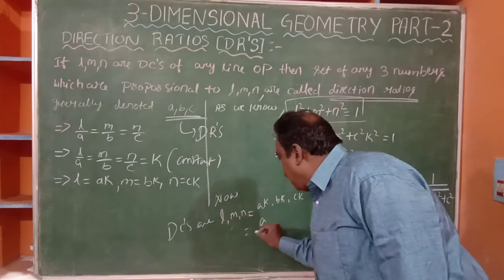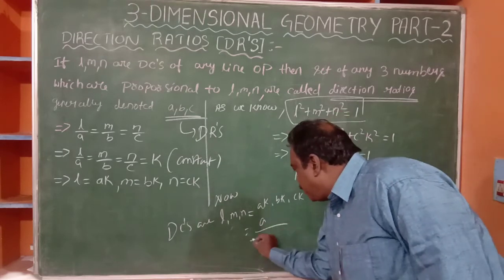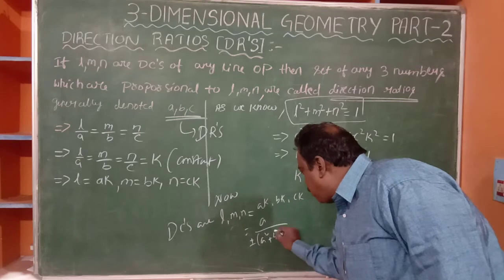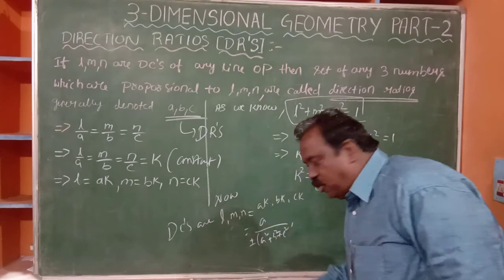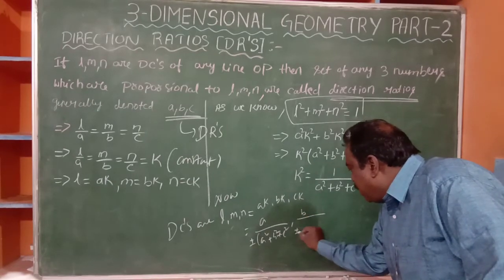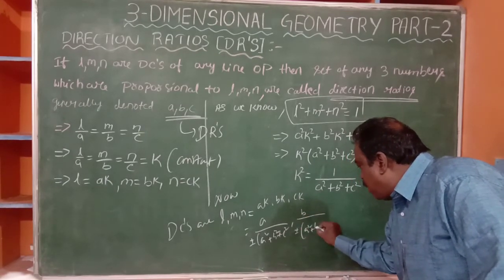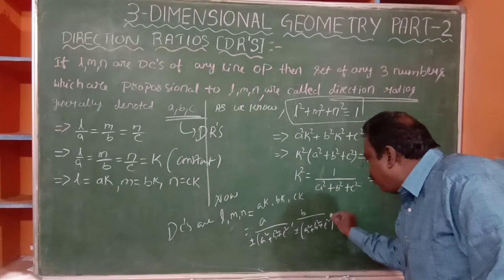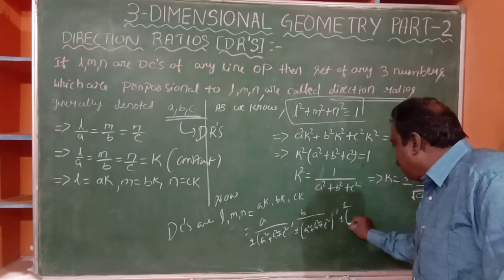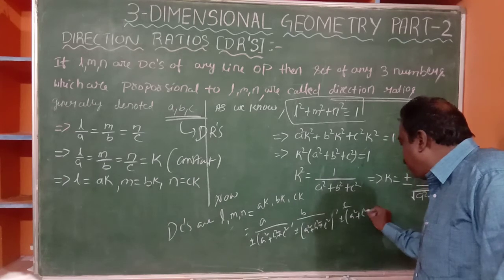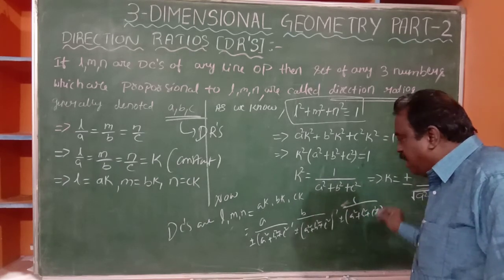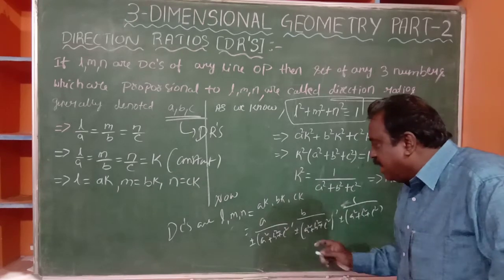K is plus or minus 1 by root of A square plus B square plus C square. So L is A by root of A square plus B square plus C square, M is B by the same root, and N is C by the same root. Now, this is the relation.